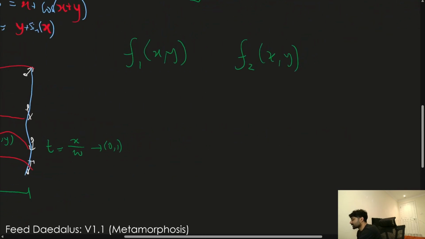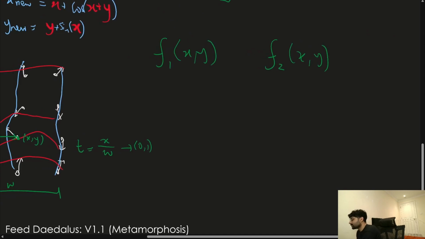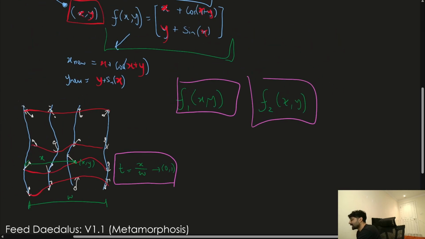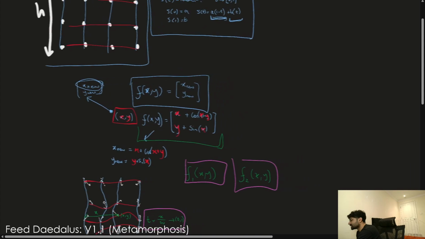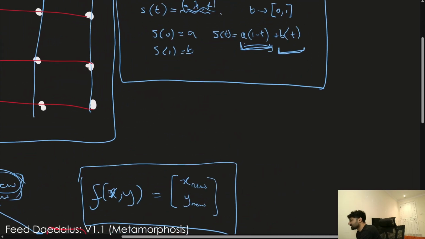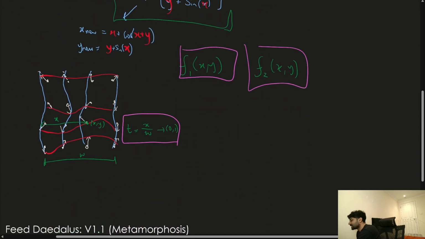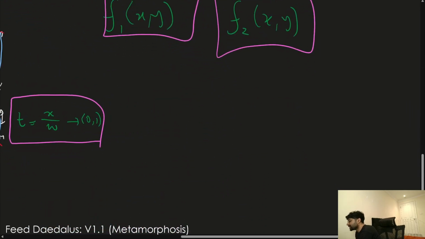Okay, so now we have the t value. Let me do a final colour. This is the pink. We've got the t value, we've got the two functions, and we have the linear interpolation formula. We can put it all together to get a new final function, call it the master function, f of x, y.